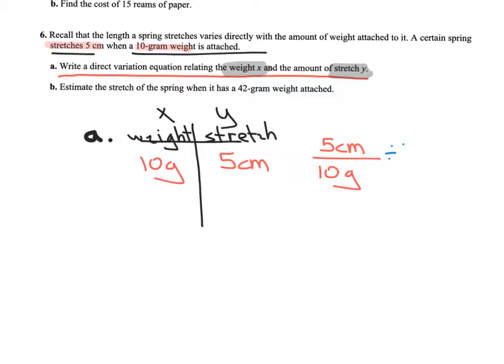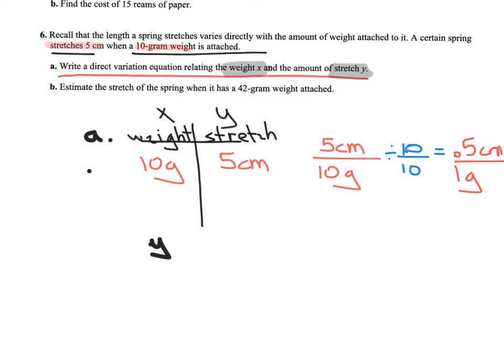So I'm going to divide by 10 over 10. Okay, so 5 divided by 10 is 0.5 centimeters, and 10 divided by 10 is 1 gram. So what that means is that my spring stretches a half of a centimeter when you add a gram of weight to it.